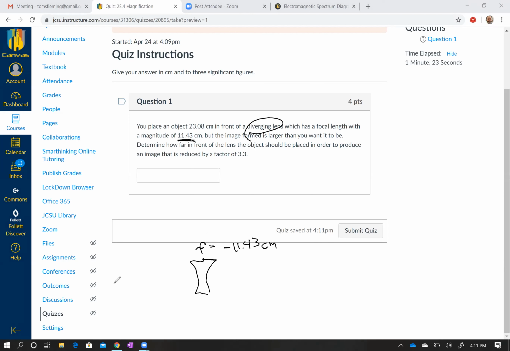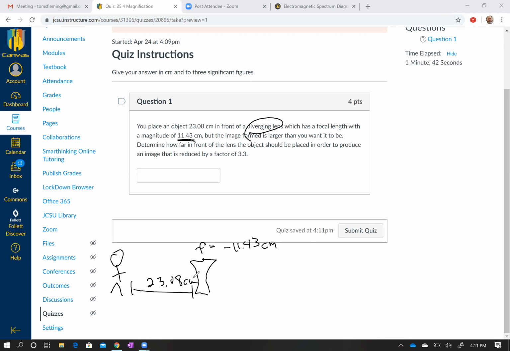And my object, which I will represent with a stick figure, is 23.08 centimeters away. Now, the first thing I'm going to have to figure out is, where is the image for this guy going to form?